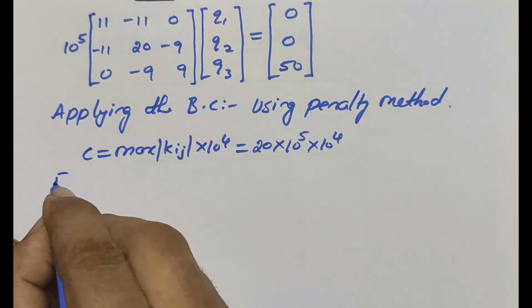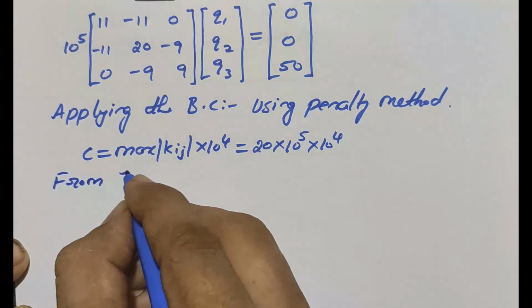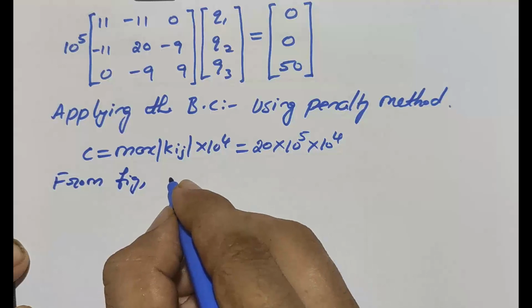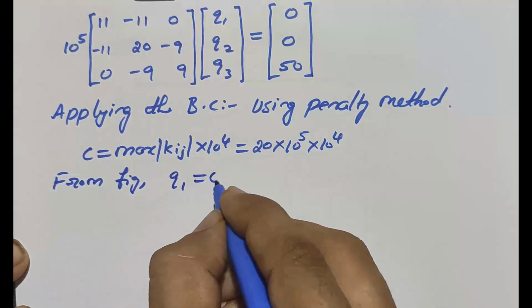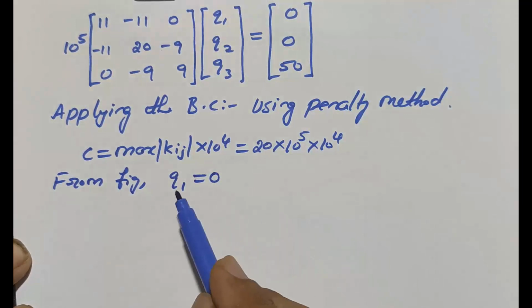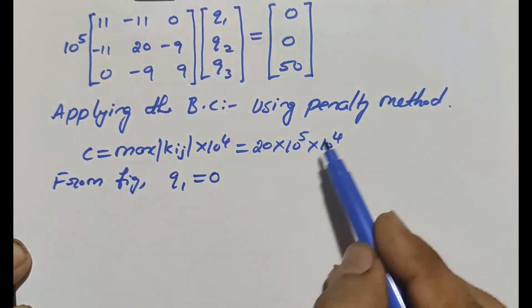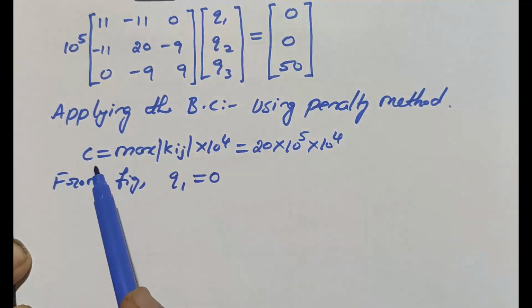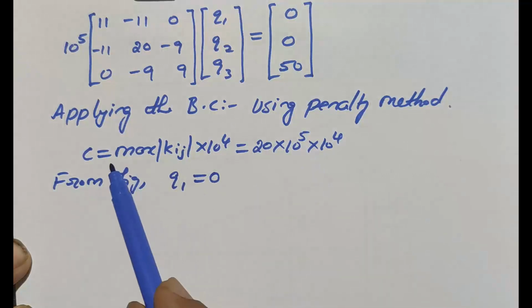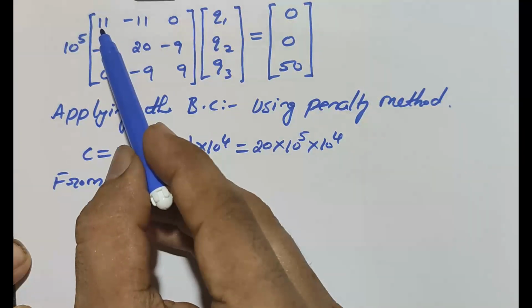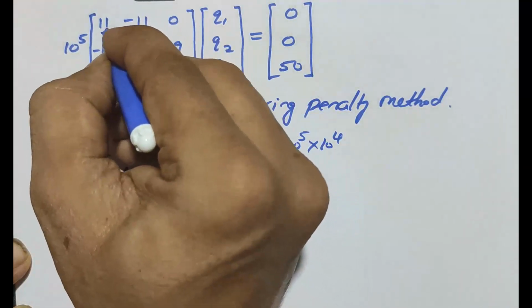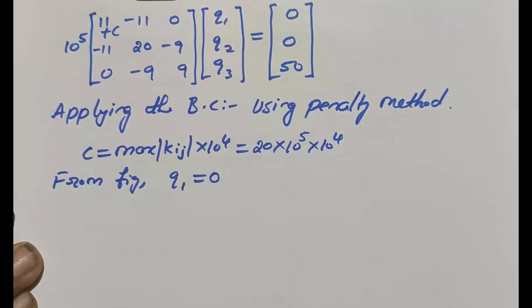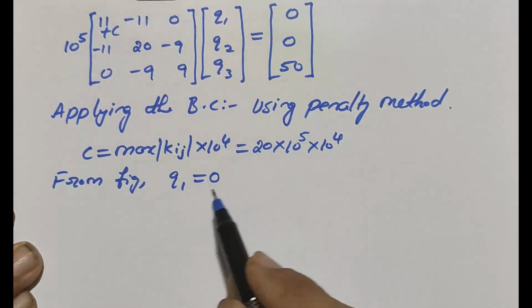See, from the figure, we know that node number 1 is fixed, therefore Q1 is equal to 0. Since Q1 is equal to 0, according to this penalty method, this maximum spring stiffness C gets added to K11, so it becomes 11 plus C. Next, the corresponding spring force.